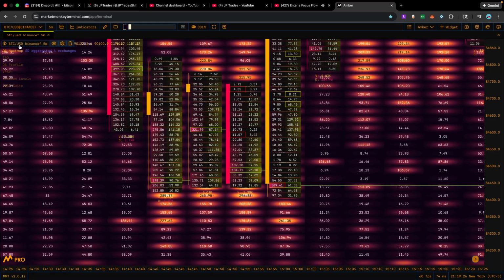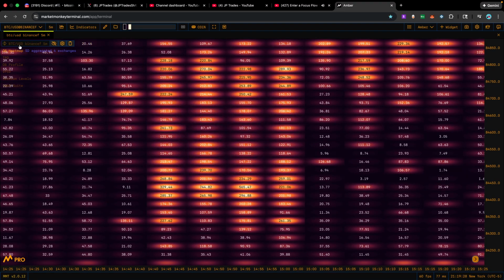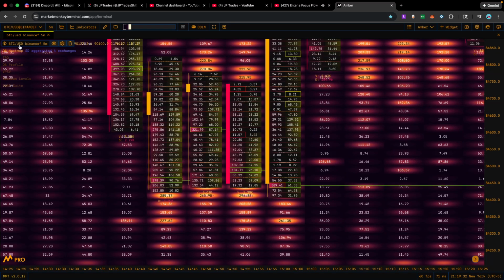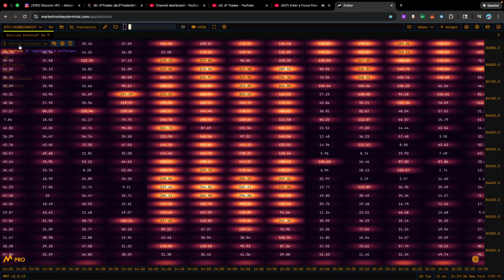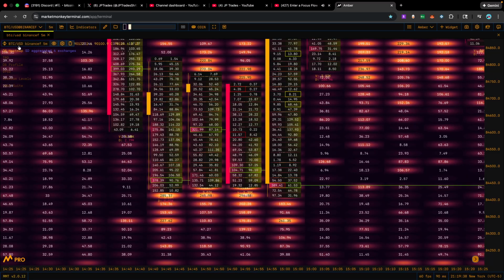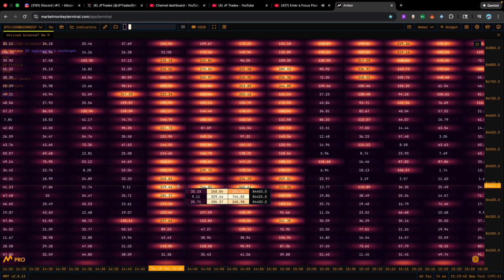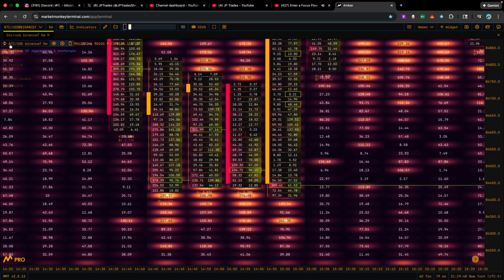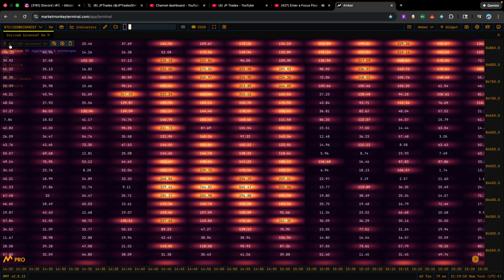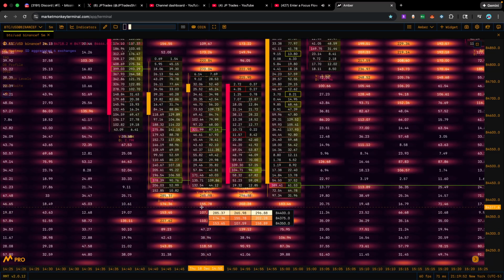Now let's turn our candles back on, and you can see where the candles actually ended up on the heat map, where they got absorbed. Where did all these sellers sell into? Right in this fat cluster of buy orders. I mean, this one's kind of picture perfect, if I have to really say so myself.